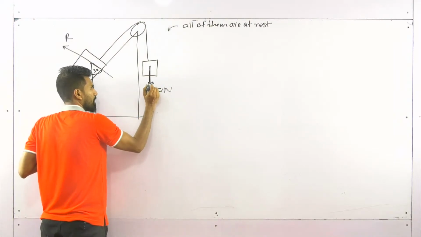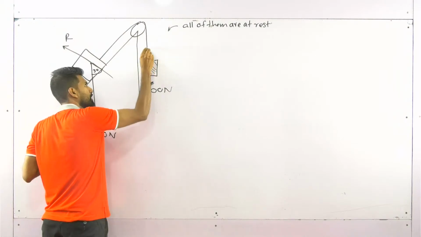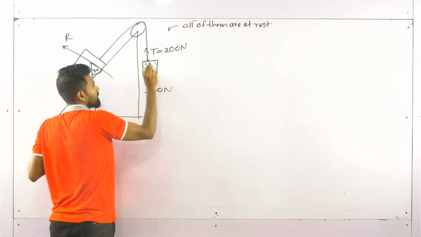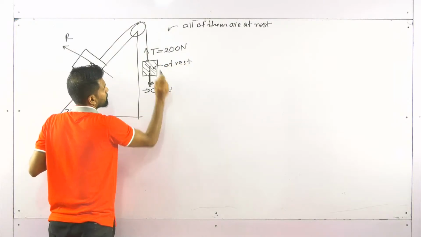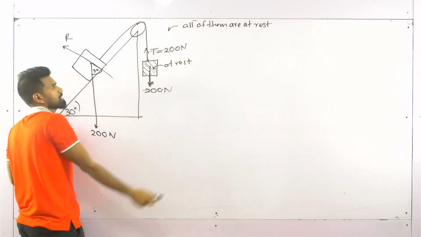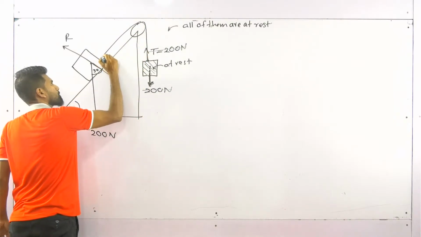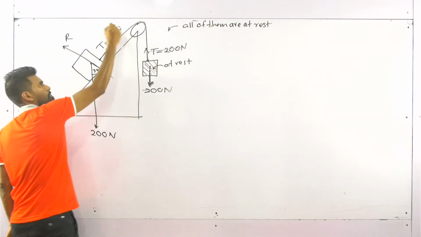Here the weight is 200 newtons, and if this is at rest, the tension up is also equal to 200 newtons. Why? If this is at rest, these two forces should cancel out. So this tension is 200. Tension spreads and comes to here, and here also you will have a 200 newton value.